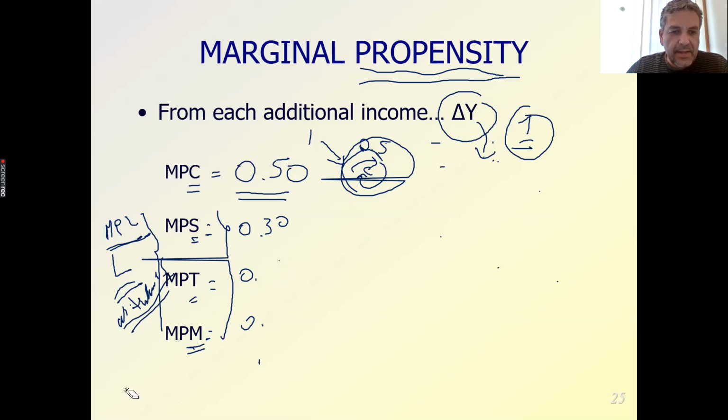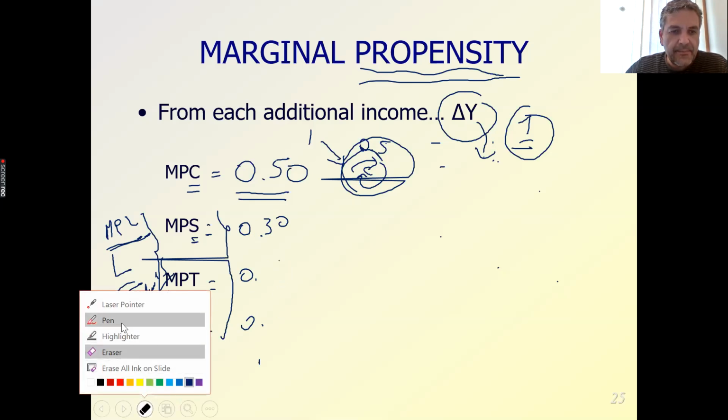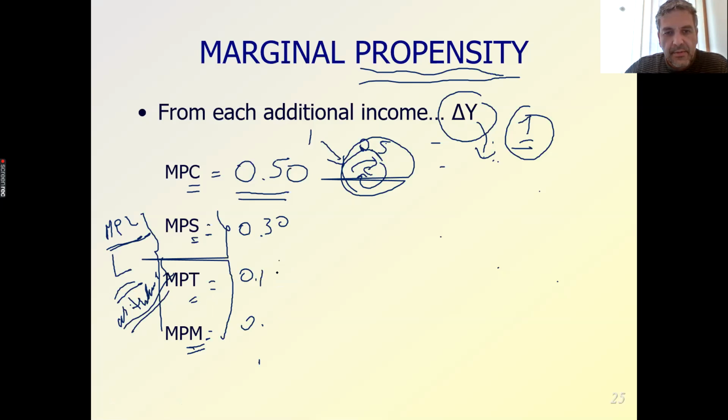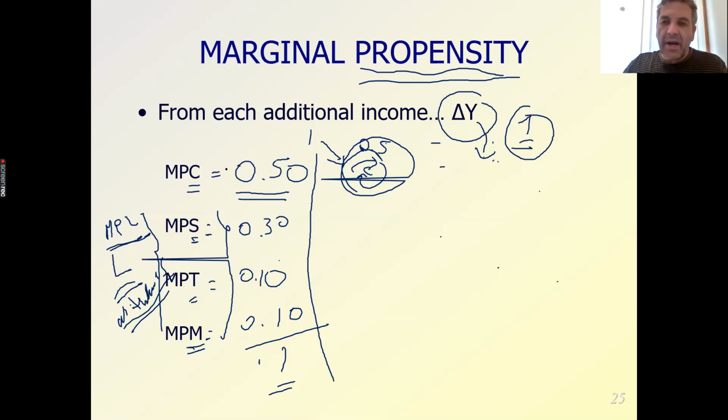Let's say maybe your taxes in this country were 10%, so 10 cents of the dollar goes to taxes, and then we're just having a remainder of 10 cents of imports. So at the very end, all of these should add up to the unit. So the marginal propensity of each dollar injected in the economy is reflected here. Marginal propensity to consume, 0.5. Marginal propensity to withdraw is going to be the remaining 0.5, okay?